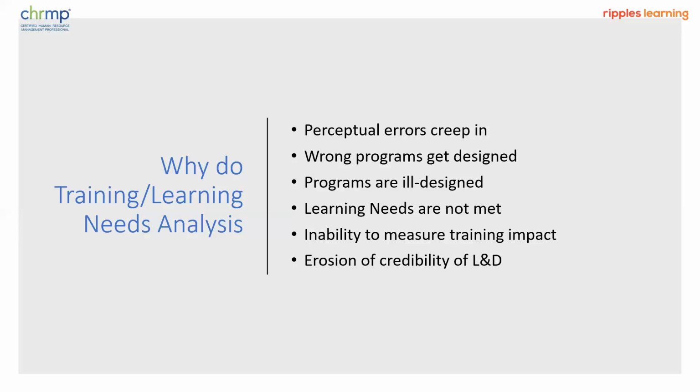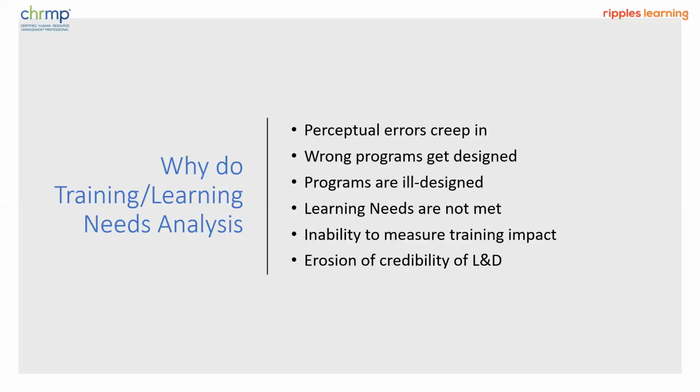So very often, what you think is the problem might not be the problem. And if that is what is happening, then you end up making mistakes in deciding what kind of solution you want in training.